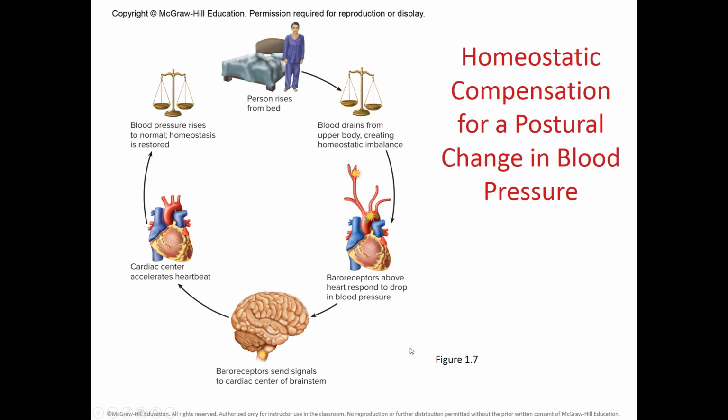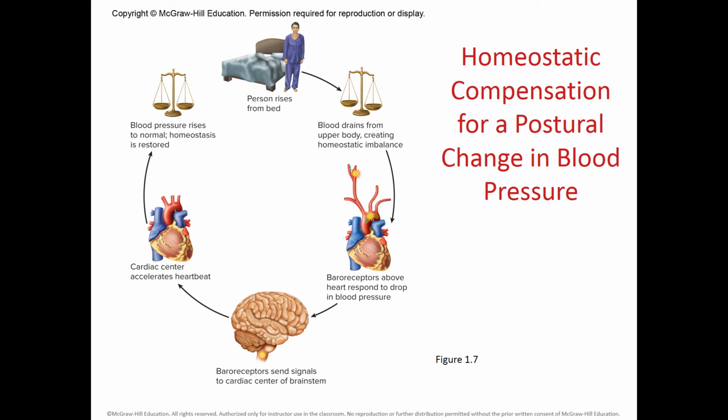Another example for homeostatic compensation is to prevent drastic changes in your blood pressure. Blood pressure is a force that maintains the circulation of blood throughout the body. And this will help us to stay in a conscious level.